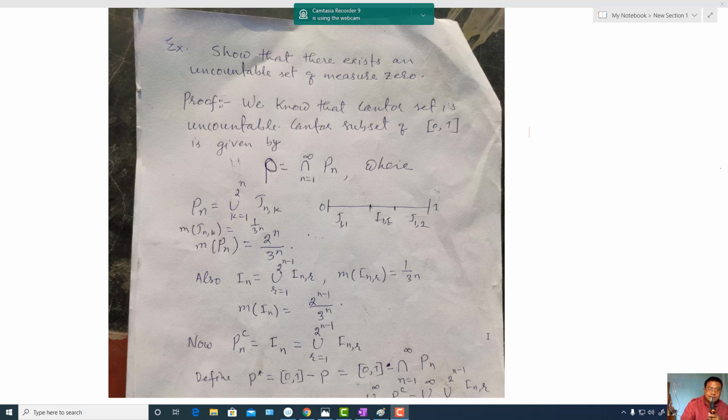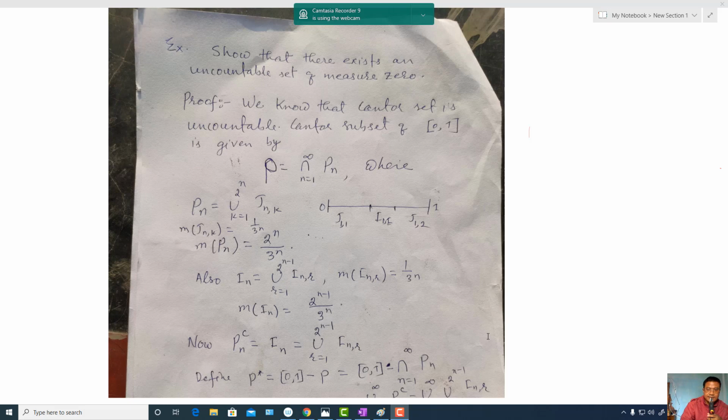Today, let us discuss that the Cantor set has Lebesgue measure 0. In the last class, we discussed that every non-empty perfect subset of R is uncountable.